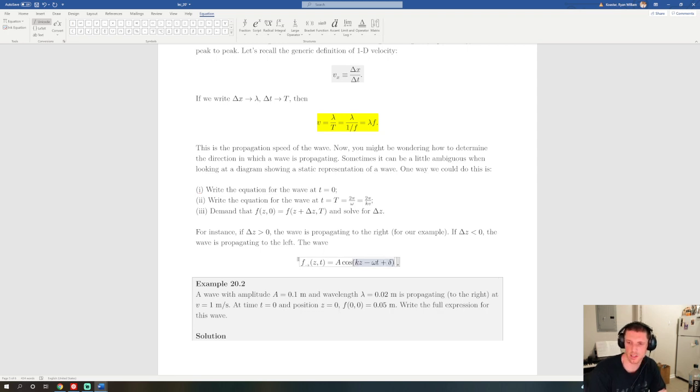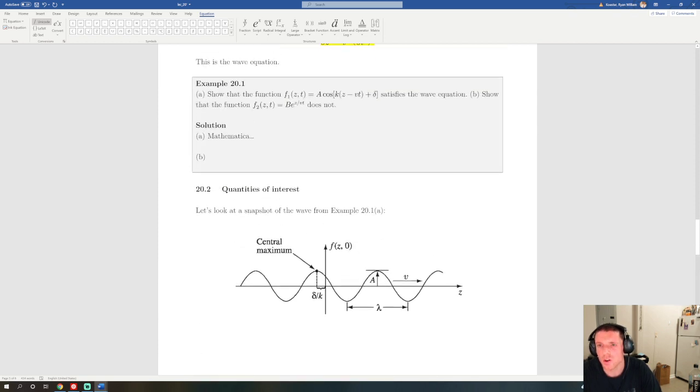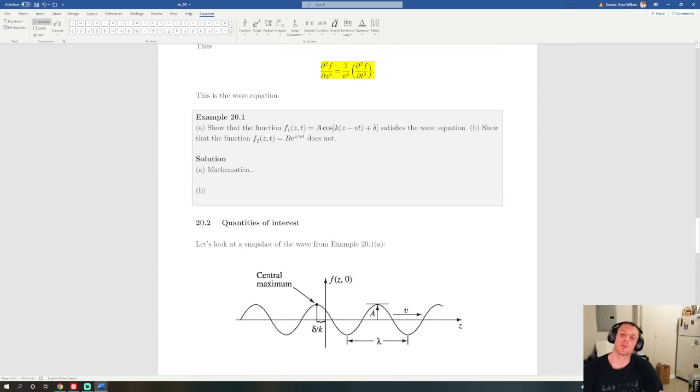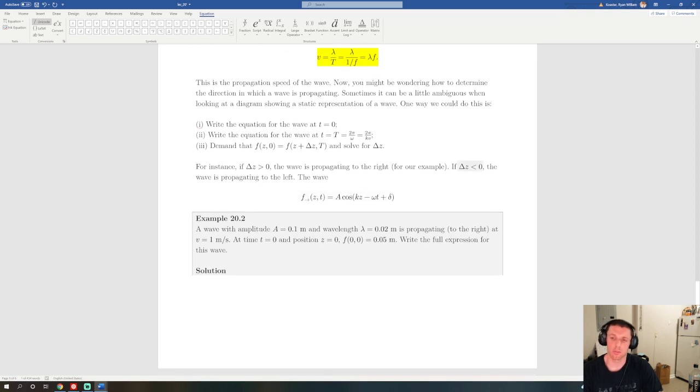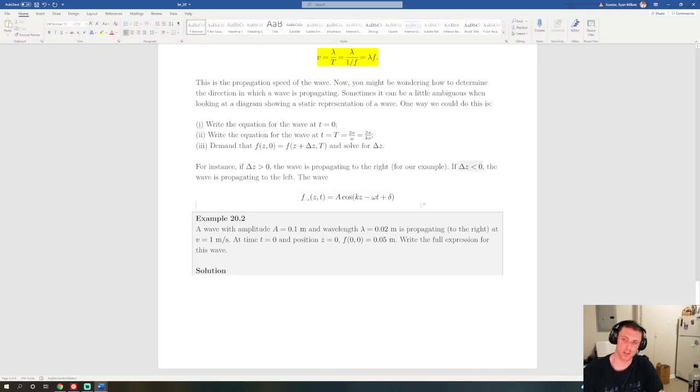I don't think I have talked about omega. So let me tell you that we'll see very soon that we can write this in the form where, instead of the argument of cosine being just kz, we can also write kz minus omega t plus delta, and I'll show you how that works in a second here.